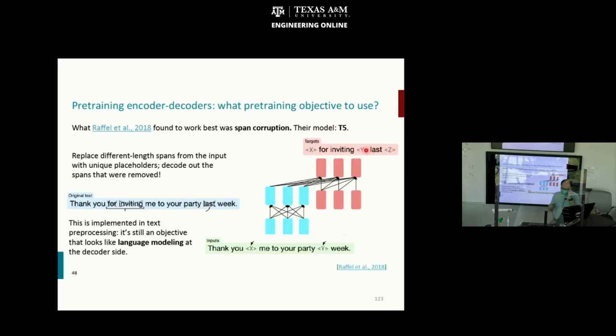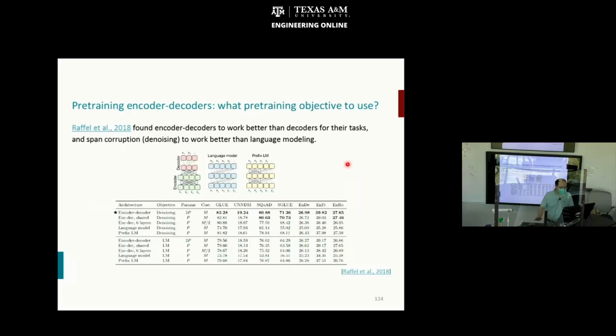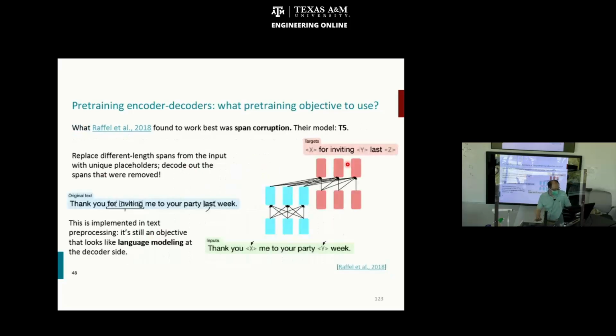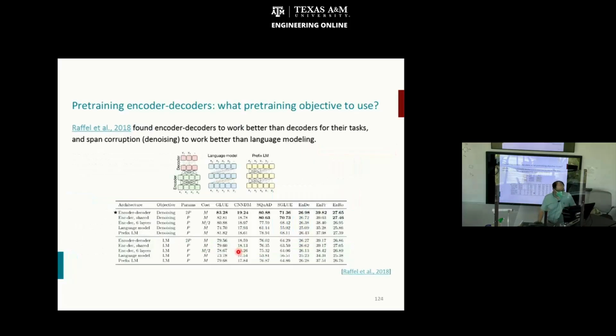So in this way, in the encoder part, I still can have the bidirectional thing, but in the decoder part, I'm doing the language modeling. It's very similar to the language modeling from the decoder side. So this is what they introduced, called span corruption. But notice that they corrupt, they mask out entirely, but they don't do the random substitution or random preservation anymore. That's different from what you have seen before.